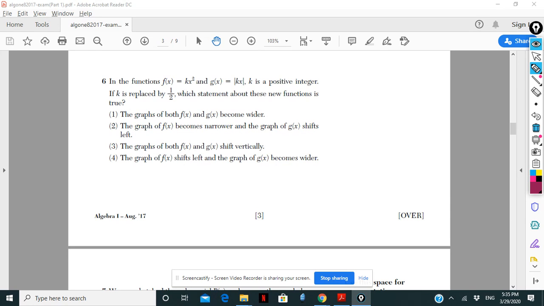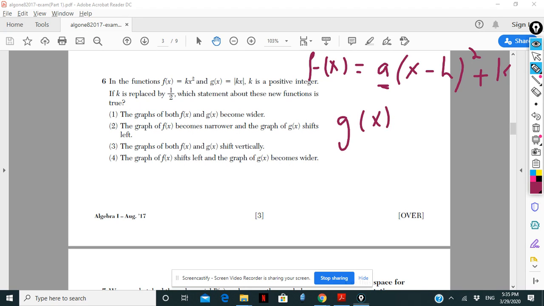If we're going backward, we understand that for the quadratic equation, f(x) = a(x − h)² + k, and for g(x), not talking about the absolute value, it's linear, ax + b.